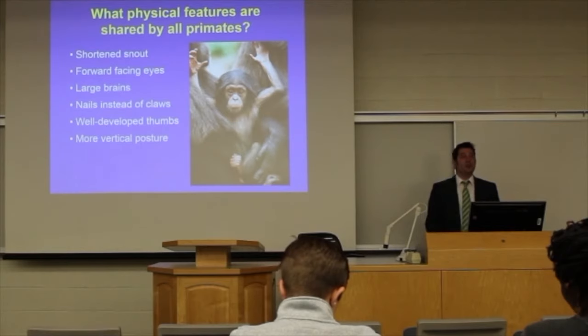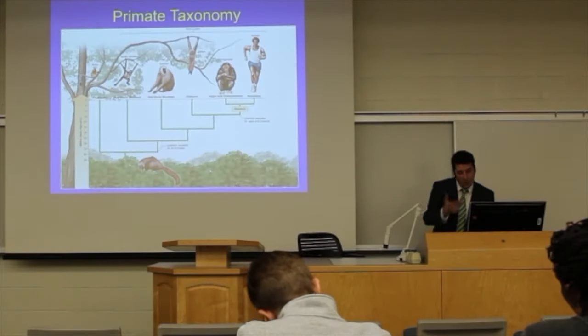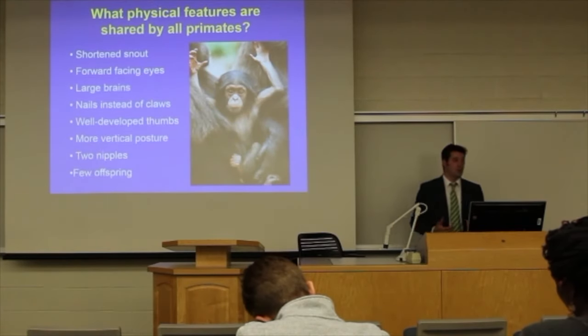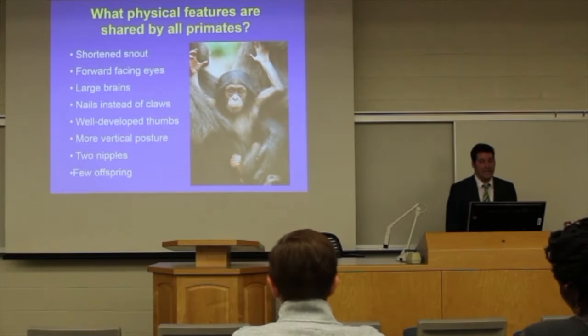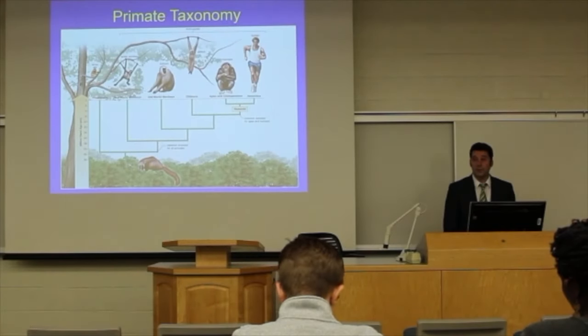They also have generally a more vertical posture. You see them hopping around trees and so forth, right? So, relatively more vertical posture. And also, 2 nipples and relatively few offspring. Small litter sizes. These are characteristics of all primates, and these are characteristics of humans.